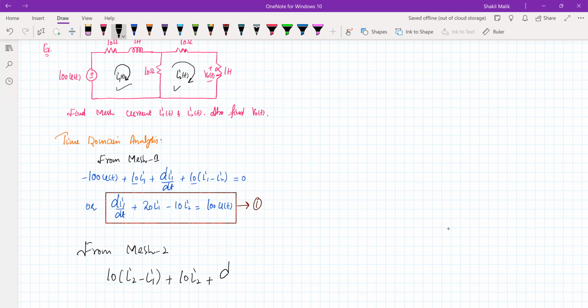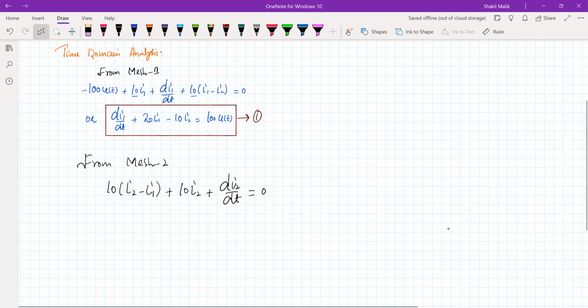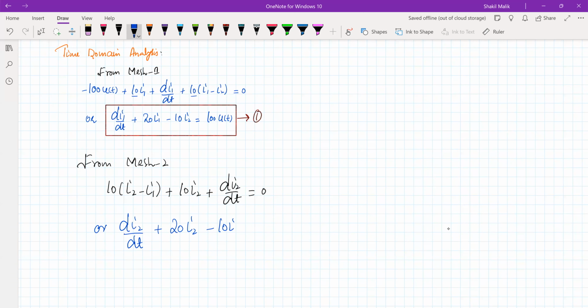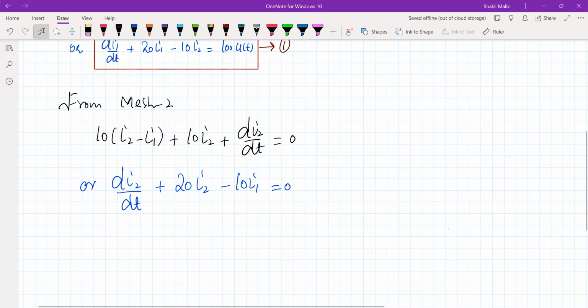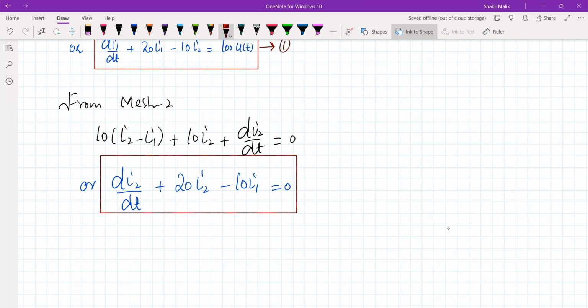L is 1, so it will be simply di2 by dt, equal to 0. Simplifying, arranging the terms, we get di2 by dt plus 20 I2 minus 10 I1 equals 0. So this is our second differential equation, the second equation that we got from mesh 2.